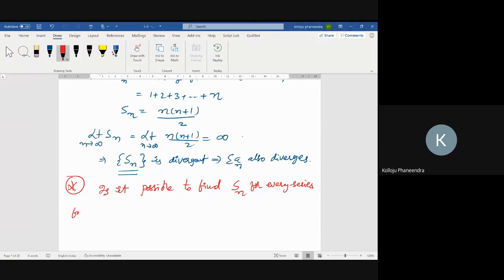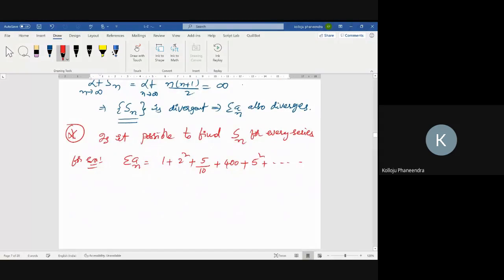For example, one series is given like this: sigma an equal to 1 plus 2 square plus 5 by 10 plus some 4 square or 400 plus some one can say 5 square, like this. Is it possible? What is Sn? Not possible, right?